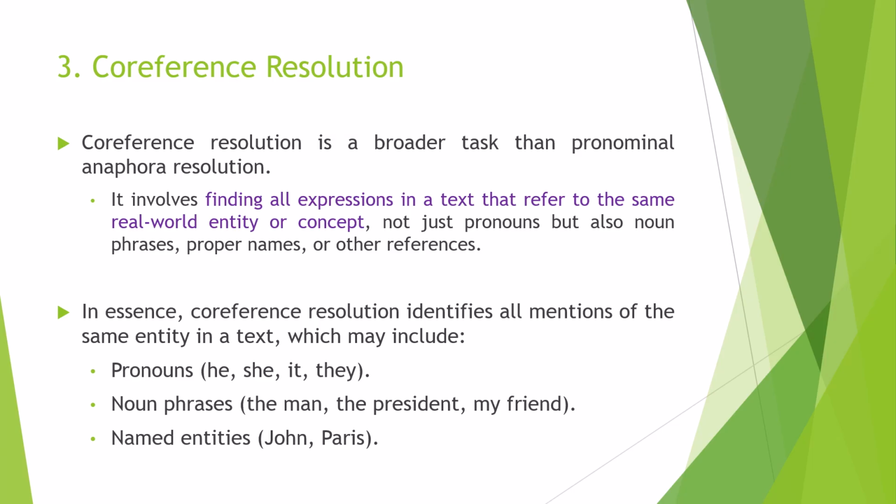So in the given example, the pronouns he, she, it, they may be identified, and then noun phrases like the man, the president, my friend need to be identified, and also named entities like John, Paris need to be identified from the given text. All these mentions of the same entity in the text need to be identified.